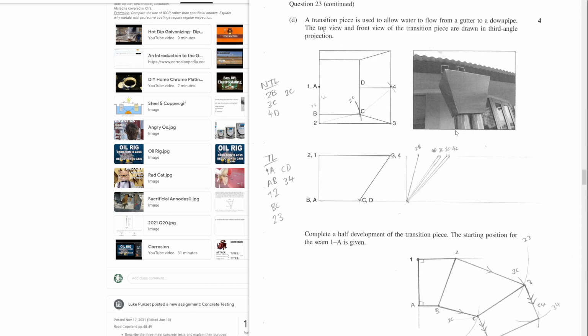The big thing I'll finish on is if we're looking at something like 3C. Now I can see 3C in this view, and I can see 3C in that view. And let's say I've determined it's not a true length, and I forget how to do this. Well, 3C is going to have to be longer than the two other sides because it's a hypotenuse. So if you're freaking out and you can't think of anything, you can set your compass and say, well, the bigger of the two sides is this one on the bottom, in plan, so the true length is going to have to be a little bit bigger than that.